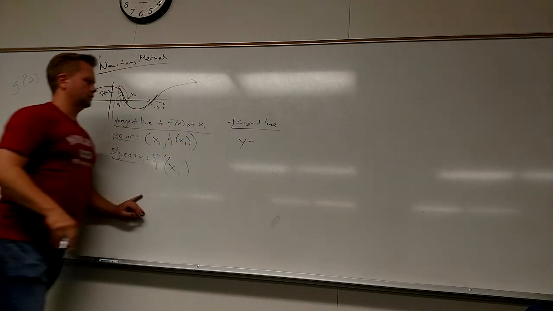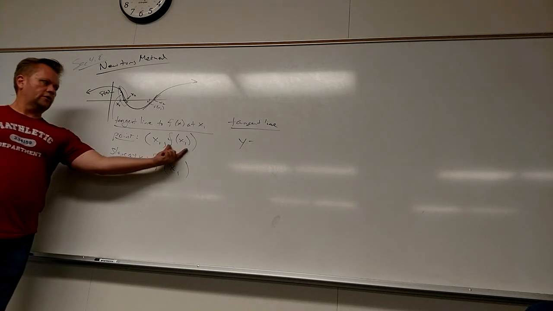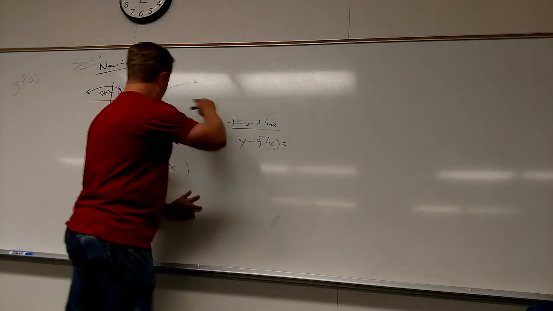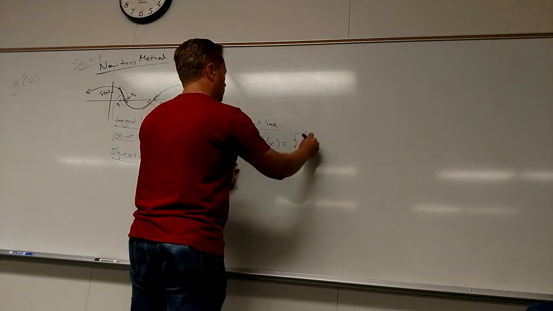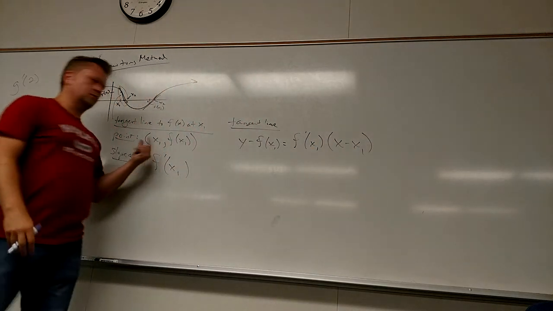Y minus, what's the y piece of the point? F of x1. Y minus f of x1 equals m, f prime at x1, times x minus the x piece of the point.